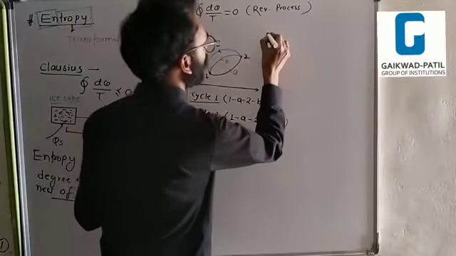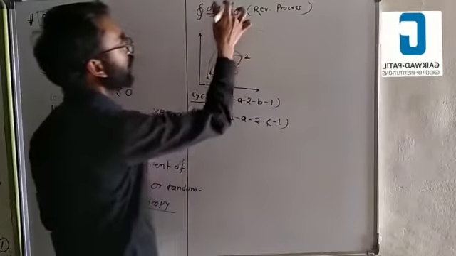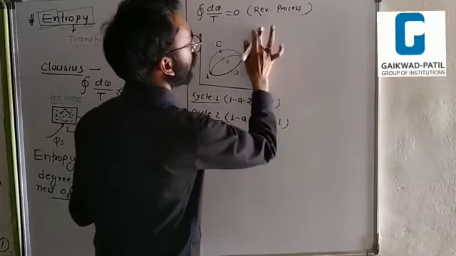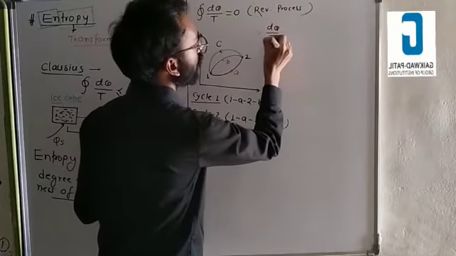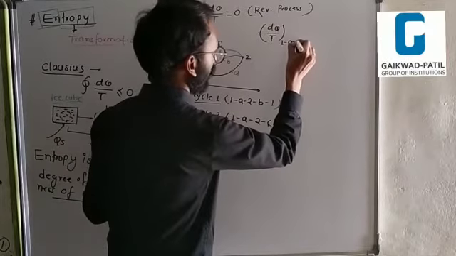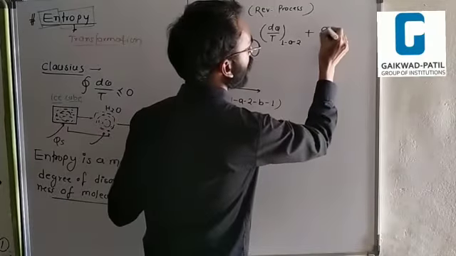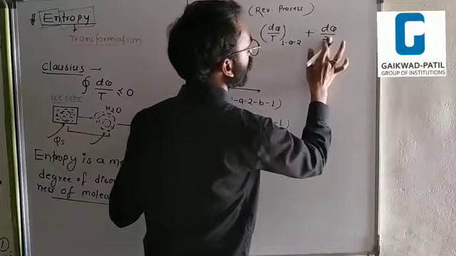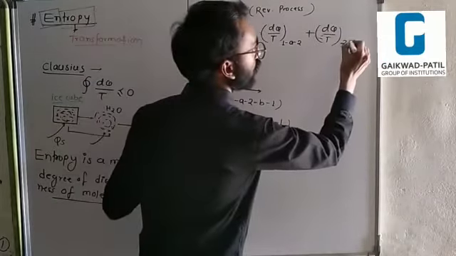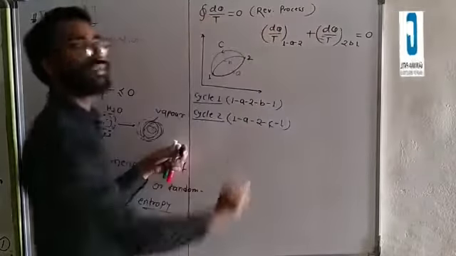Cyclic integration of dQ over T for cycle number 1: dQ over T along 1A2, process number 1, plus along 2B1, process number 2, is equal to 0 for the reversible process.